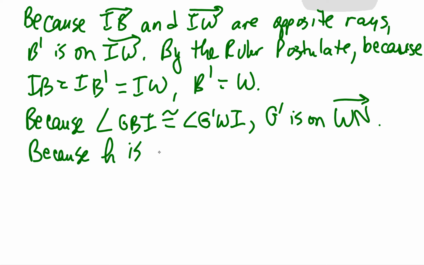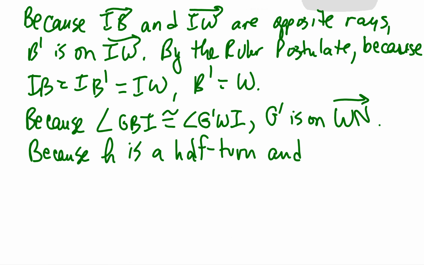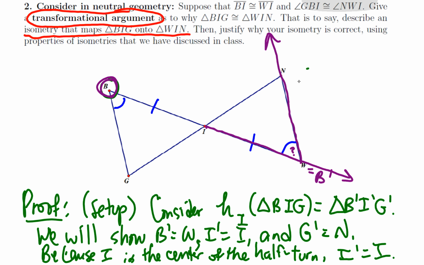But because H is a half turn, and let's get the names right, ray IG and ray IN are opposite rays, G prime is on ray IN.